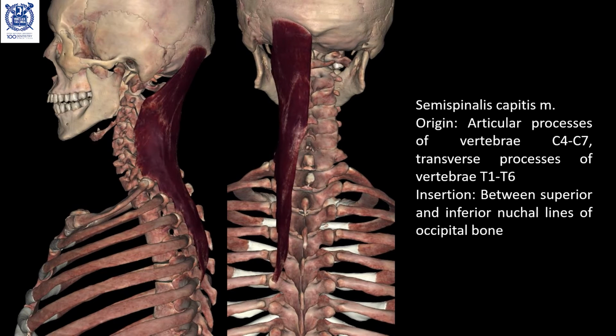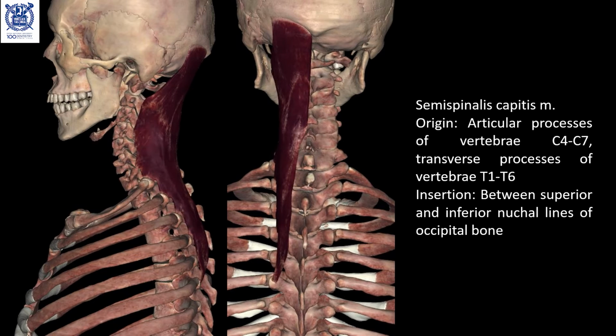Semispinalis capitis muscle. It is frequently considered a back muscle rather than a cervical muscle. The semispinalis muscles are a group of 3 muscles belonging to the transversospinalis. The transversospinalis includes the semispinalis, multifidus and rotatores.